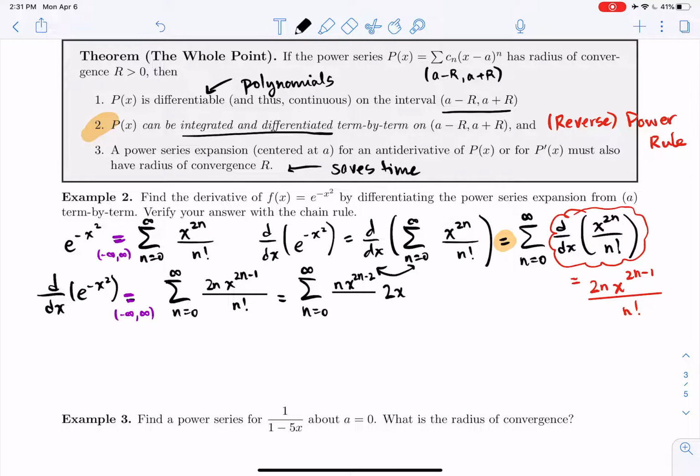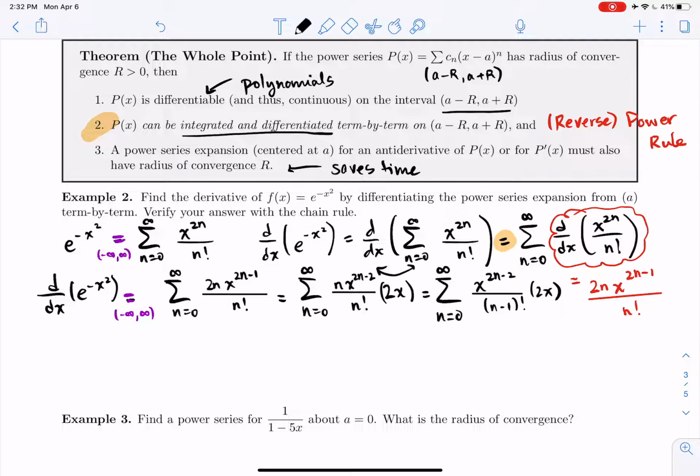And downstairs we've got n factorial. I'm going to do one more simplification regarding the n and the n factorial, because n factorial has a factor of n in it. So this reduces to the sum from n equals 0 to infinity. When that n in the numerator cancels with the n factorial in the denominator, you're left with n minus 1 factorial. And this 2x is just chilling out here to the side.